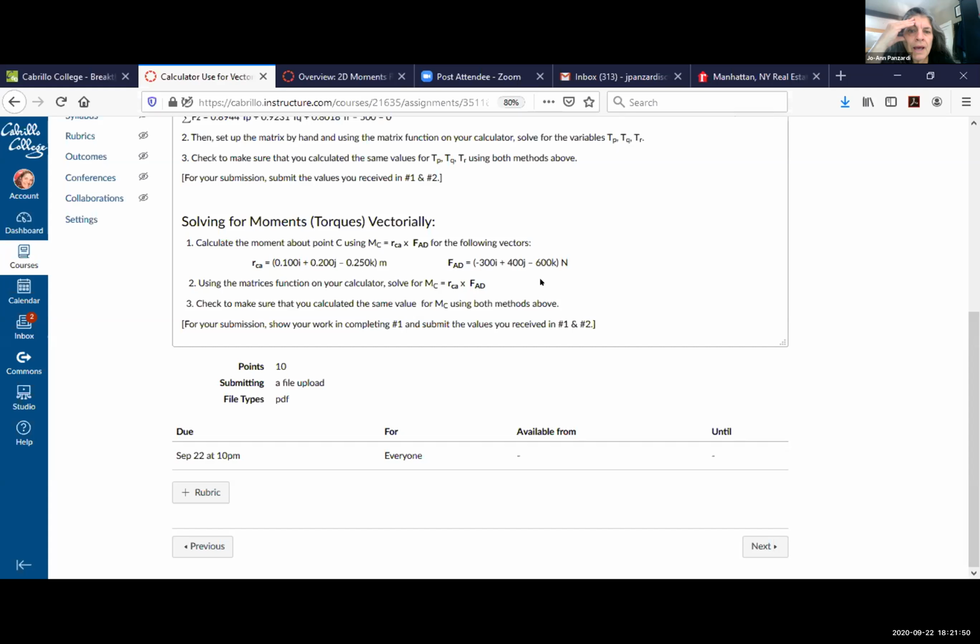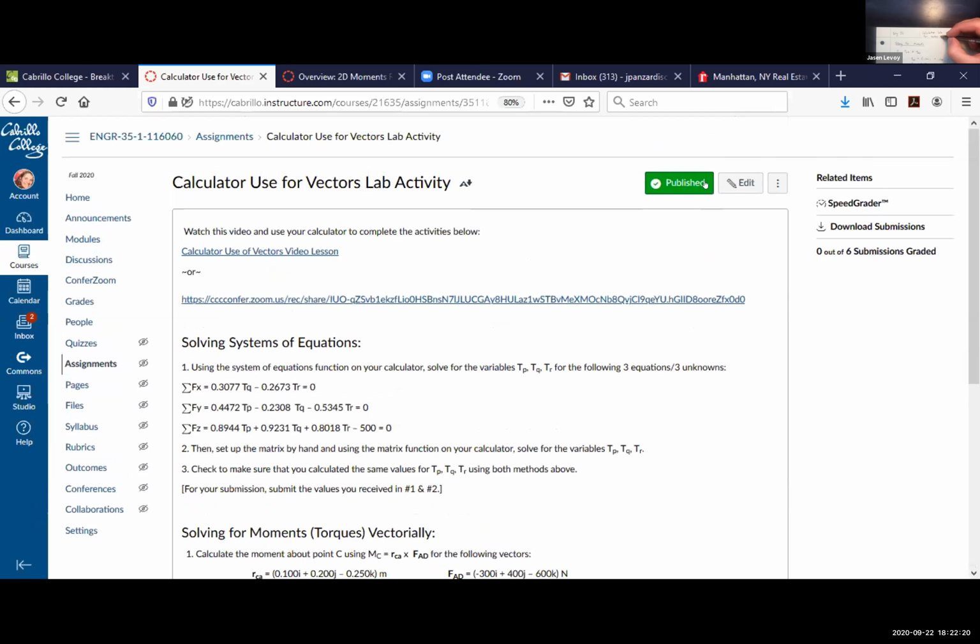I'm trying to figure out how to say it, because you're not just using the determinant. You first have to put in the R vector into your calculator, then you put the F vector into your calculator, then you insert the 2x2 matrix, and then you use the determinant. So I don't want to say you're just using the determinant. Maybe I should say matrices function.